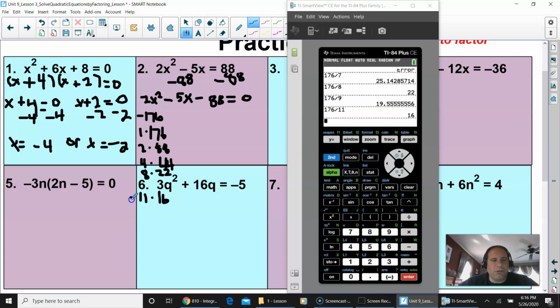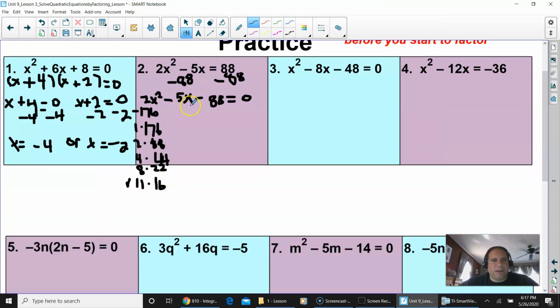Do you see how long it took me to actually get to that answer? It took a long time. But eventually, if you start at 1 and use your calculator and go down to 2 and 3 and 4 and 5, you will come to factors that work. All right, so here we go. So we have 2x squared.